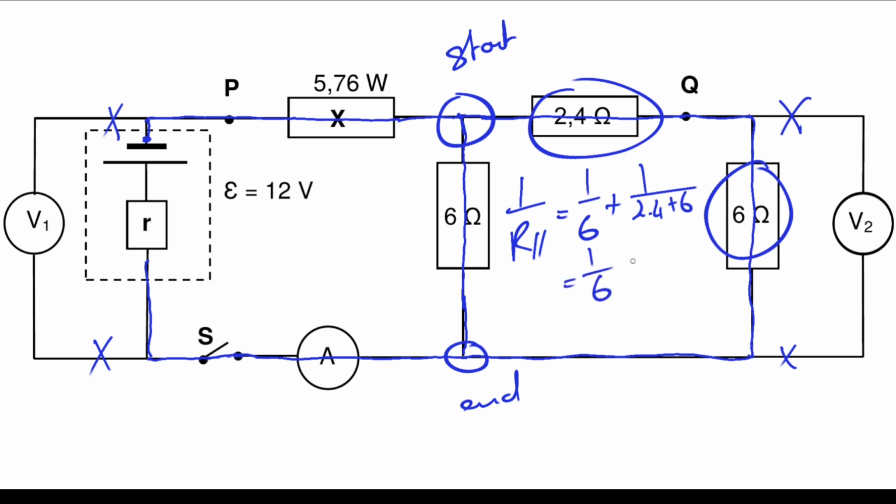I want to blame it on it being so late, but to be honest, I would struggle with this one any time of day. 1 over 8.4 gives me 2 over 7, which gives us 3.5 ohms. So let's double check that. Wham. Skadoosh. Yep. Alright.